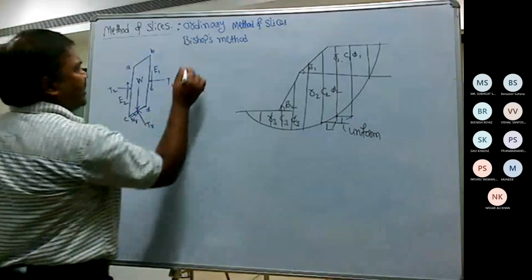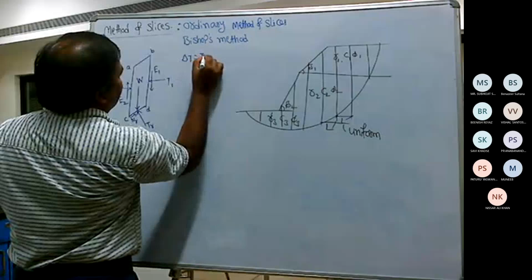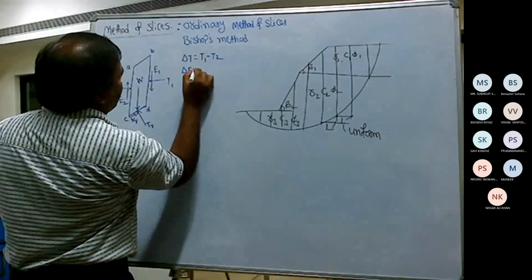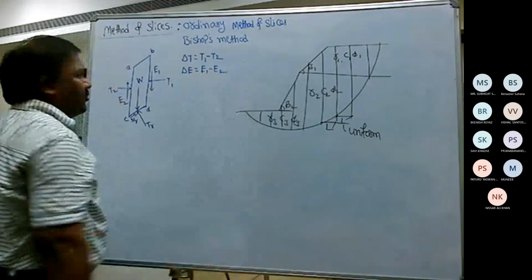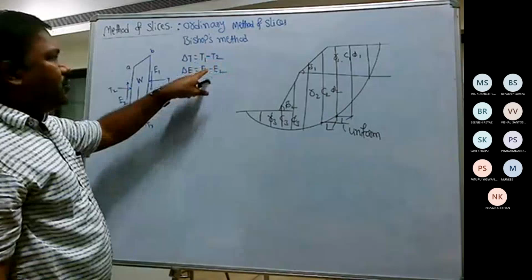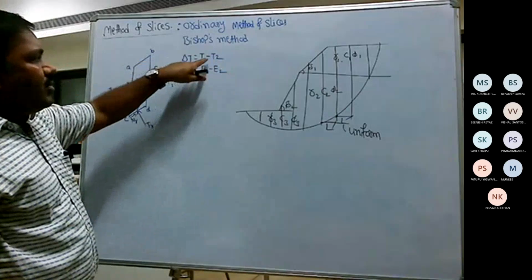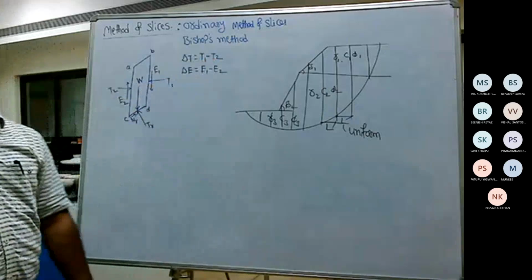Sometimes you may see these written as delta T, that is T1 minus T2, or delta E, that is E1 minus E2. Don't get confused. If you refer to some books, they may write E1, E2 and T1, T2 as delta E or delta T.